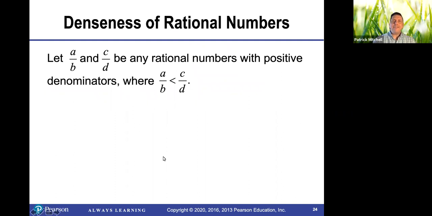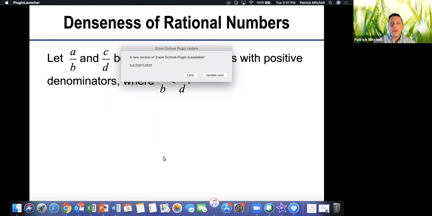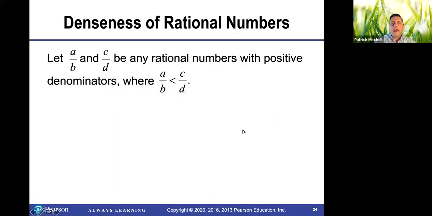All right, now there's another kind of neat way to find a fraction between any two fractions, and that is to use this theorem. Let a over b and c over d be any rational numbers with positive denominators, and suppose a over b is less than c over d.